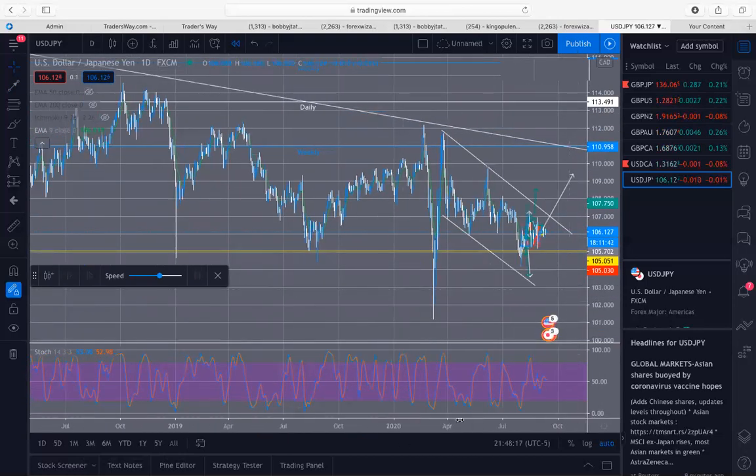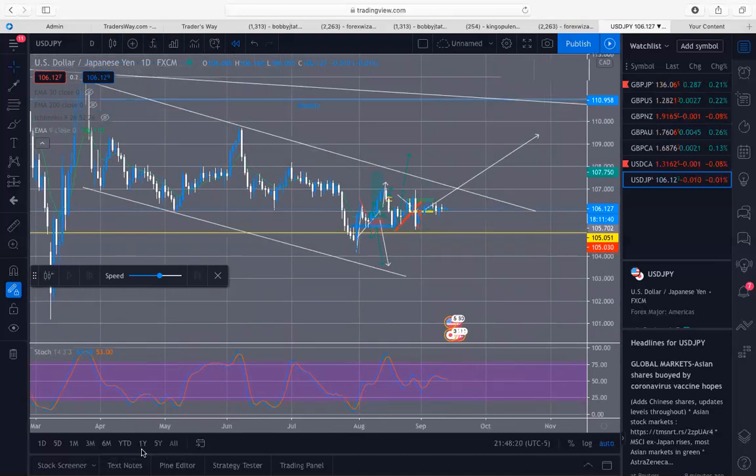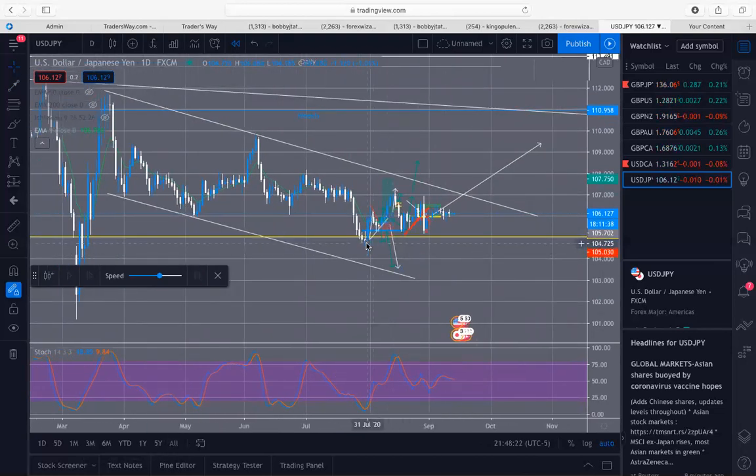But I'm still anticipating that we will get a break from this area, and then a continuation back to the weekly high up here. So you can see after we got this big wave right here, the market has been going sideways for the last week or 2 weeks pretty much. So we can anticipate that the market is going to get ready to boom out of this consolidation pretty big.